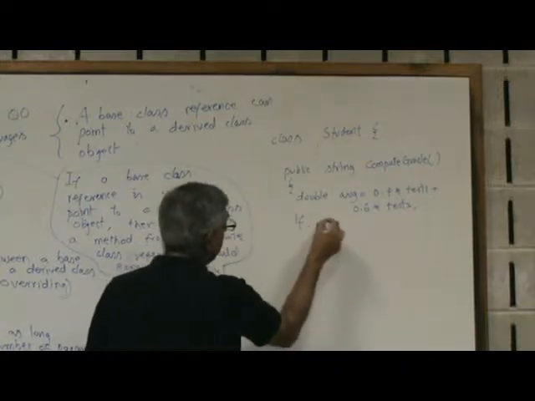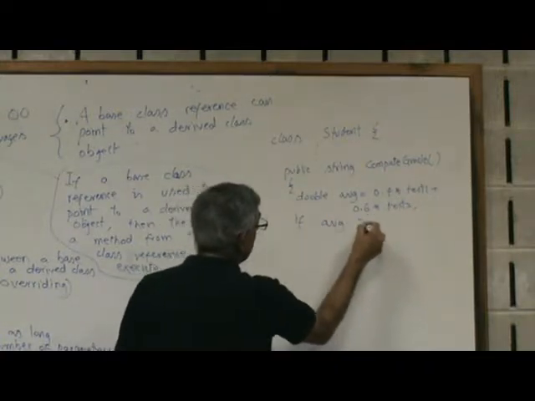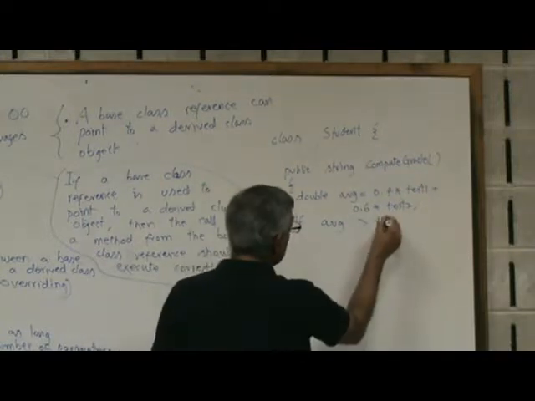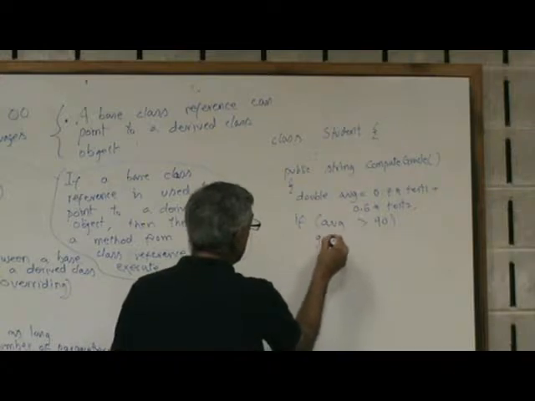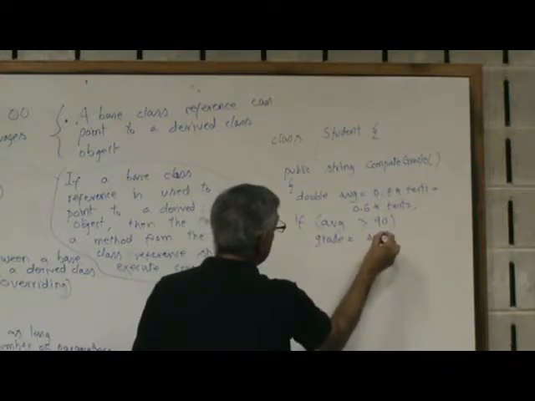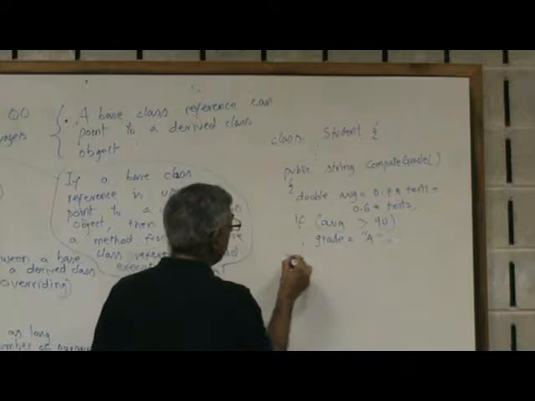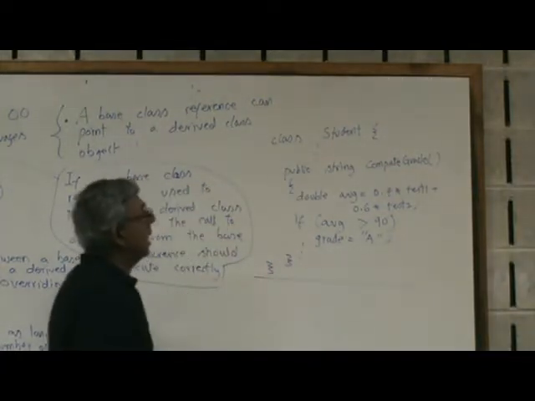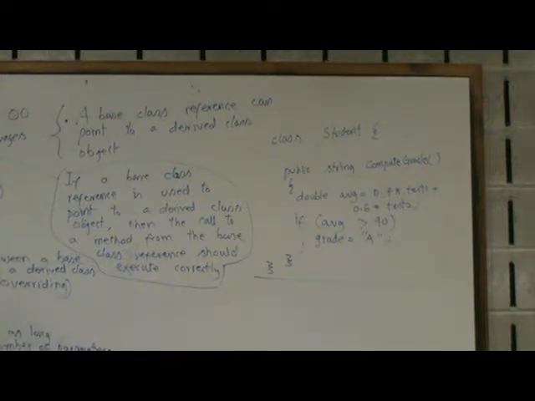And we said if avg is greater than 90, grade equal to A, and so on. So in the Student class, we had a ComputeGrade method which gives 40% of the weight to test 1 and 60% of the weight to test 2, right?